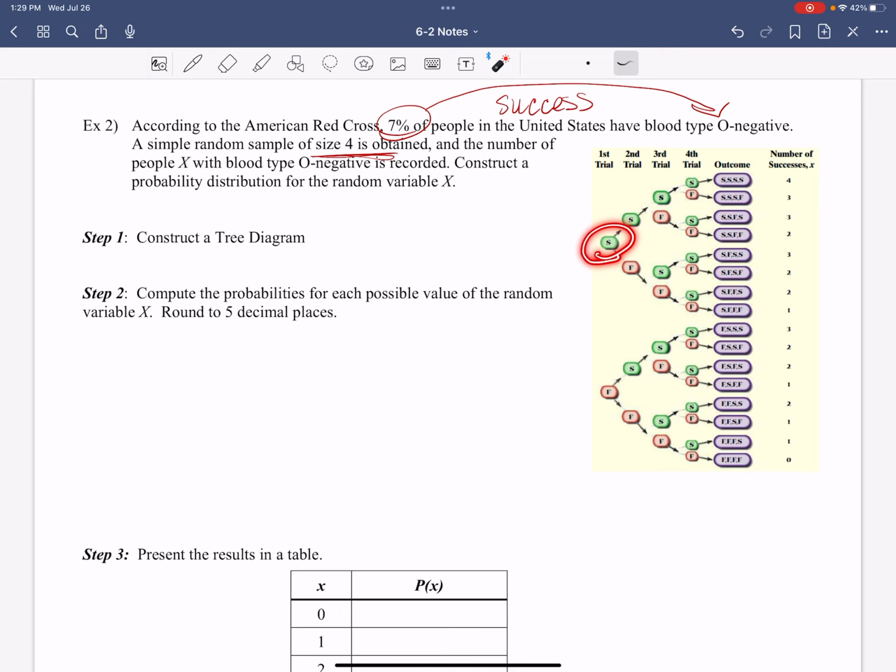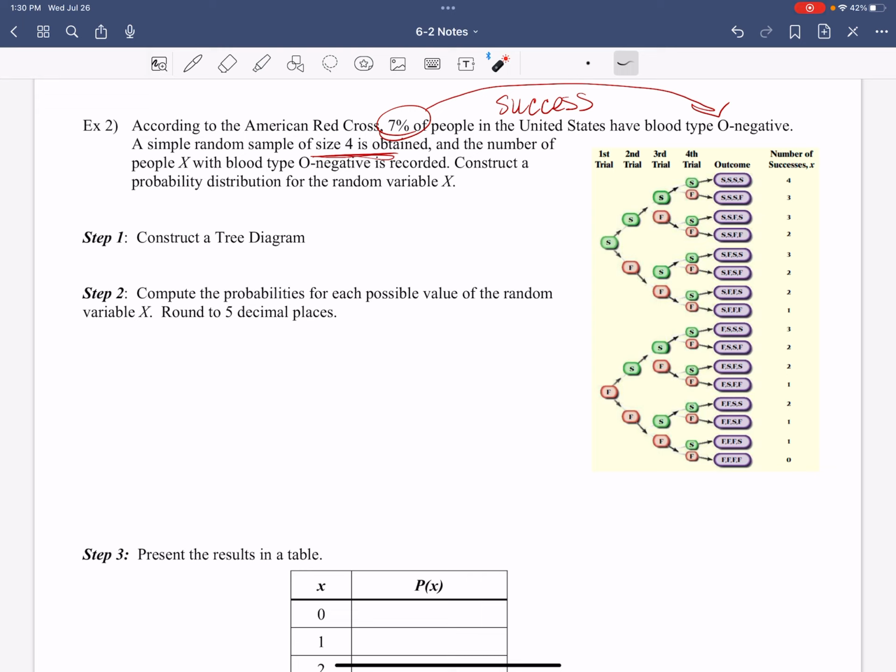The first person could have O negative, so could the second, the third, the fourth, right? Or the first person could have O negative, but then the second one could not, or vice versa. So each time I have a trial, I have success or failure, O negative or not. Or the first person doesn't have O negative, but the second person does, third person doesn't, next one does.